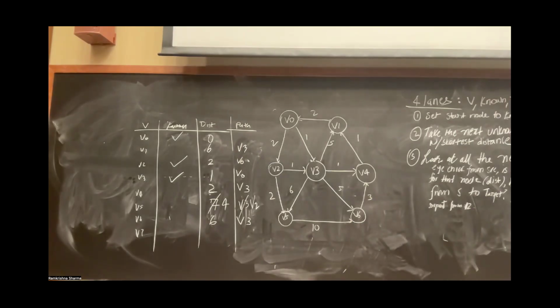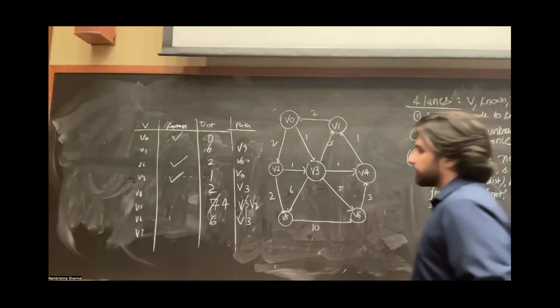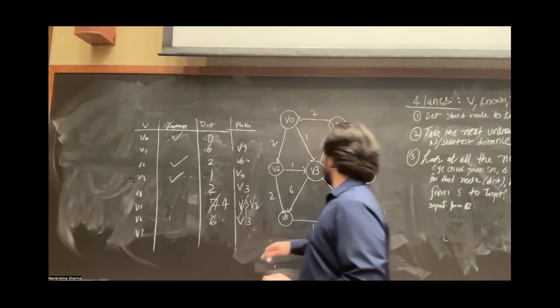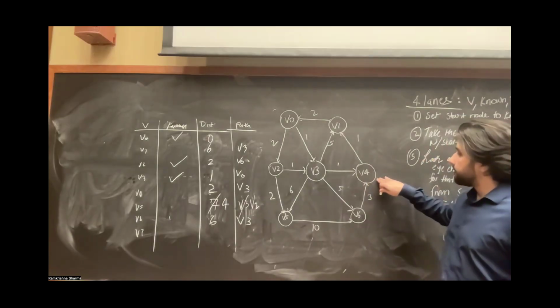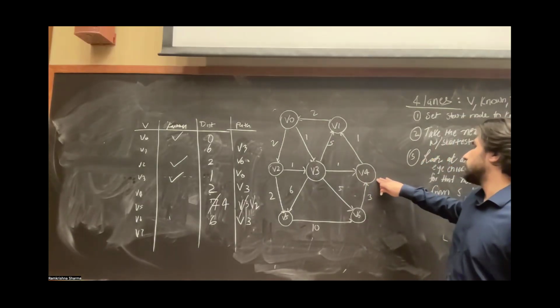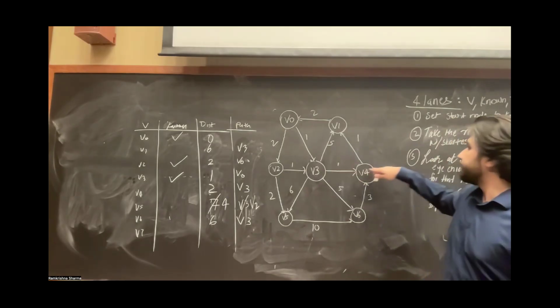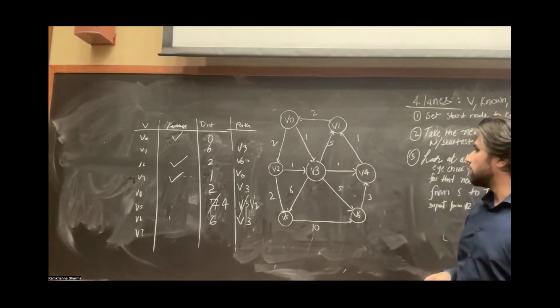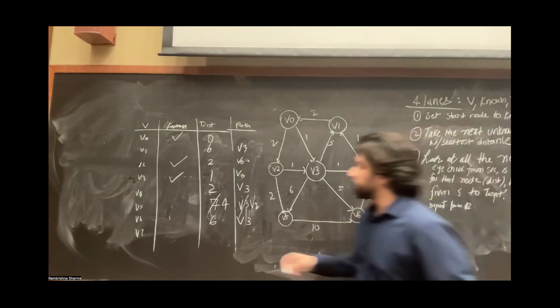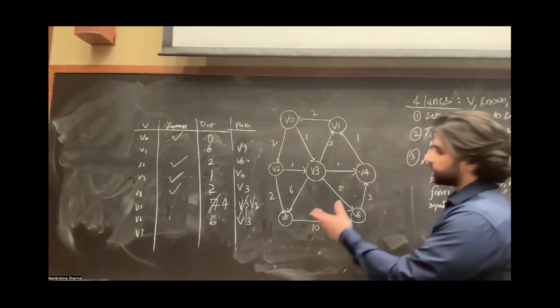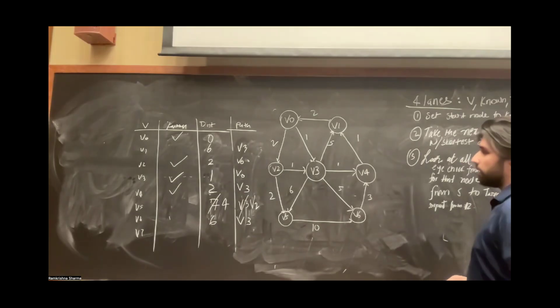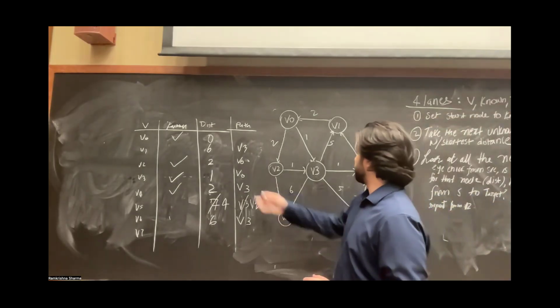But nevertheless, take the next unknown node of shortest distance. That would certainly be V4. We look at V4 and we say, well, gee, there's a way to get to it, right? 2. And V4 currently records that distance. But anyways, that's the next unknown node of shortest distance. We add the check mark there. Say that's through V3.